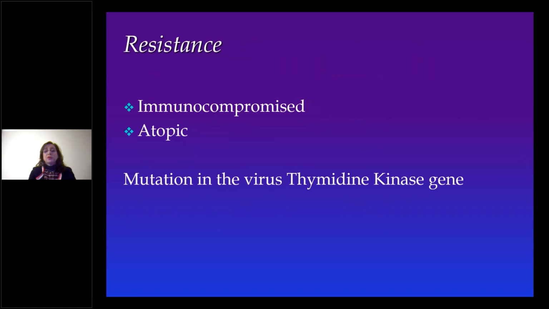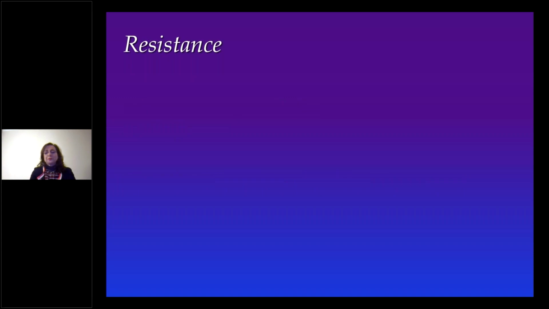Resistance can happen mostly in atopic patients or if the patients are immune compromised, and usually happens because of mutation of the virus thymidine kinase, which is required to activate the prodrug acyclovir into a drug which is working. So if there is a mutation in the virus gene, then that will cause resistance.